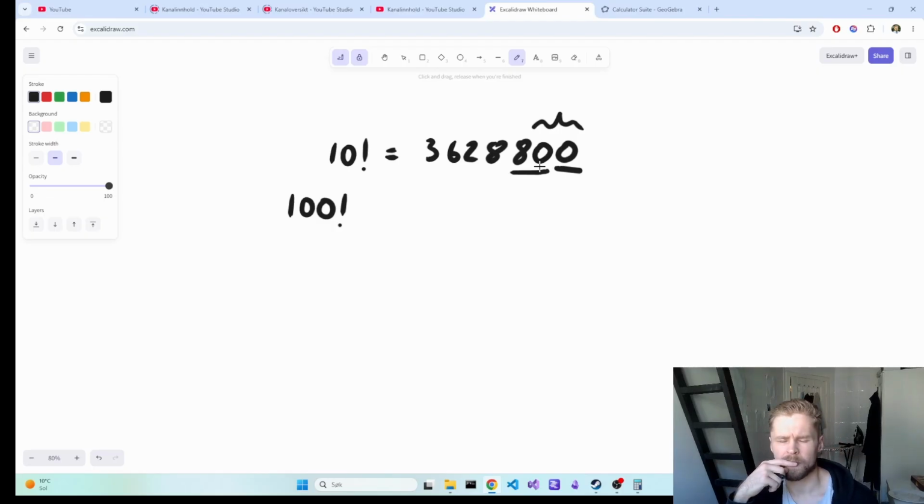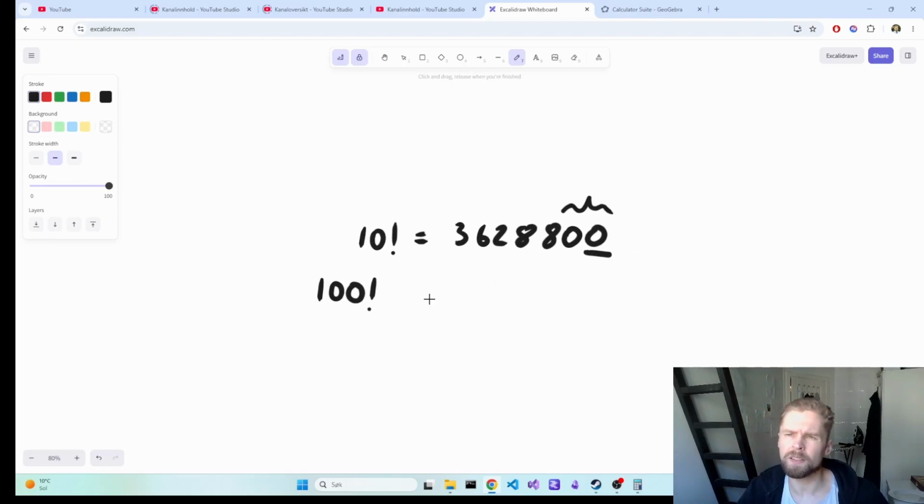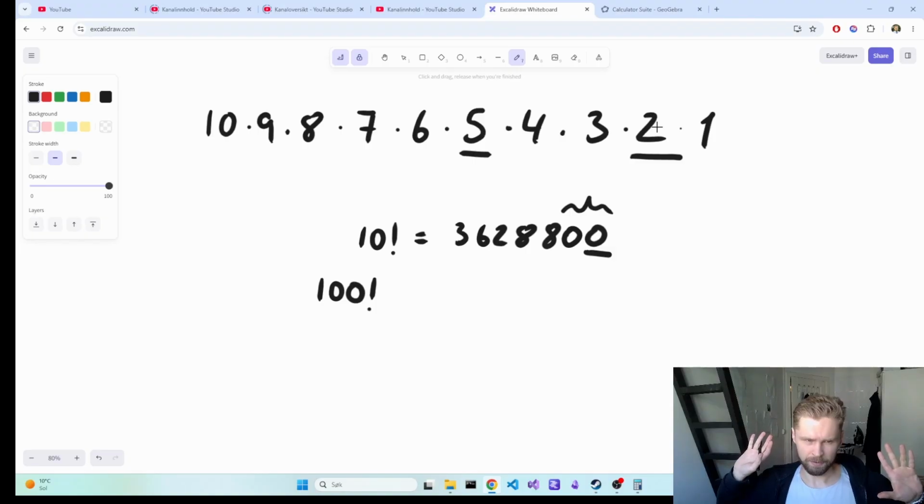Why is this other 0 there? Wait. Because up to 10, once again, I did this earlier, right? Wait a second. I can create another 10 out of this and this. That's a pure 10. Pure 10. And that's maybe what's making this.